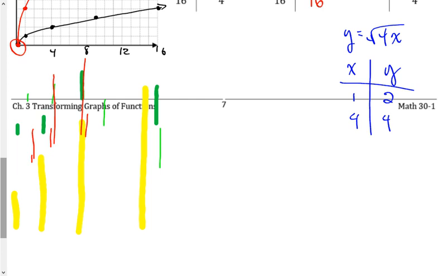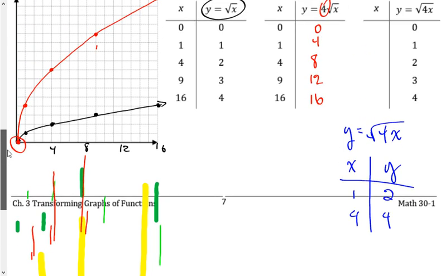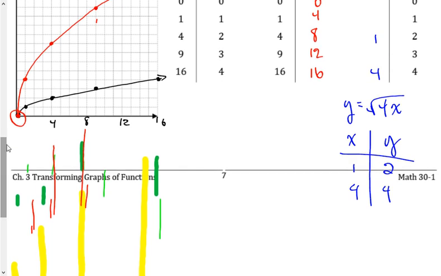Okay, so initially I had 1s and 4s in my table, and as I look at this, I can see, well, I found 2 of the points where my y value is 4, my x value was 4, where my y value is 2, my x value was 1. So I figured out those points looking at the table in blue below. If I make a comparison over to here, how does this x value compare to that corresponding x value?